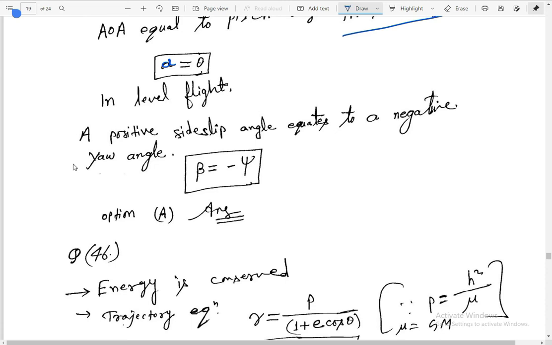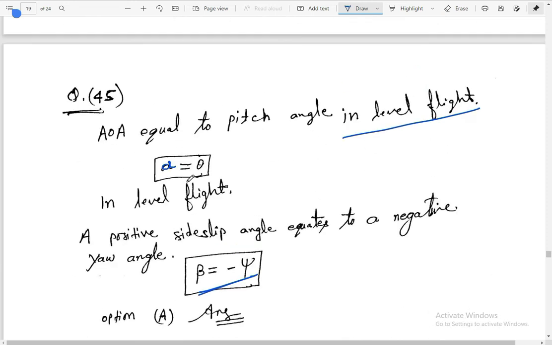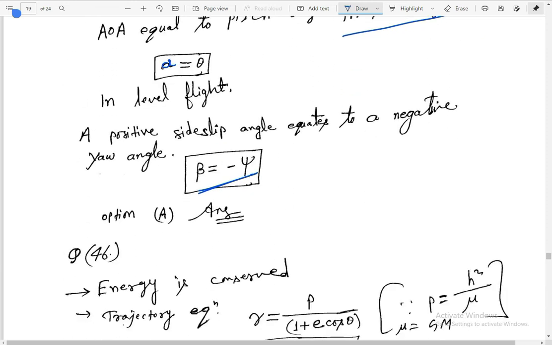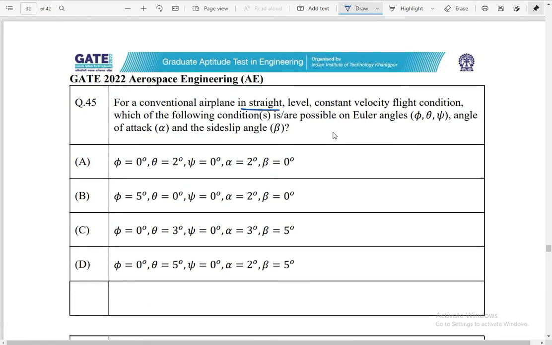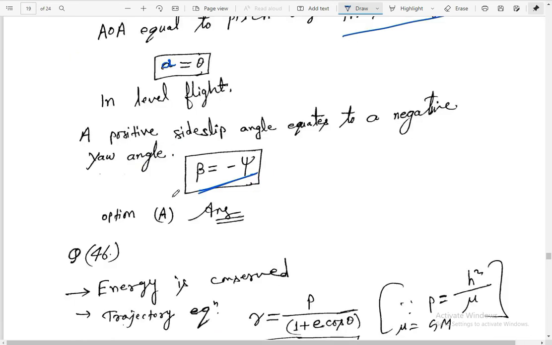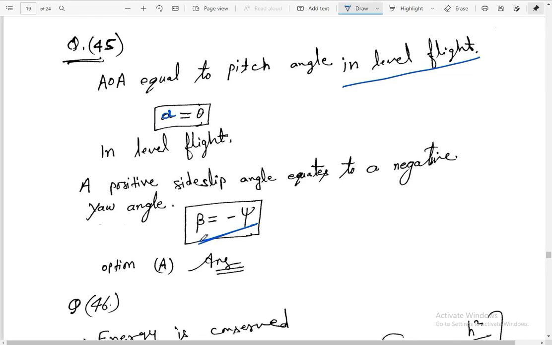So these are the two equations for level flight. And here it already mentions a straight and level flight. So for that we just saw two conditions: alpha equal to theta and beta equal to minus psi.